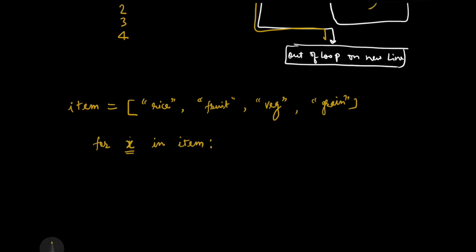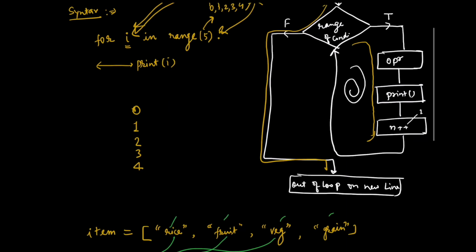In item we have these many things. First rice will come in variable x, then the pointer will move to fruit, so next fruit will come, and then vegetable, and like that it will go. If I want to print x, what will happen?